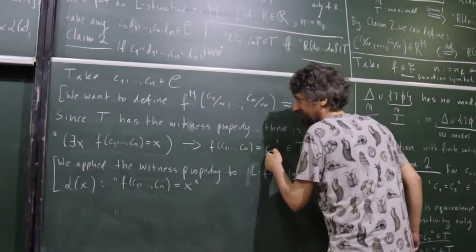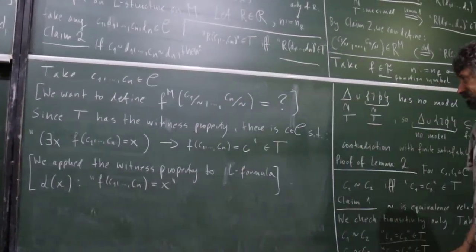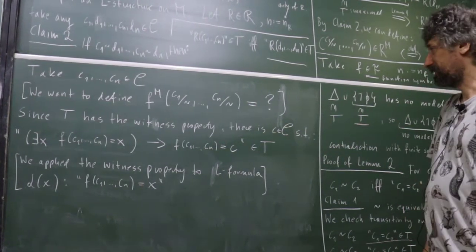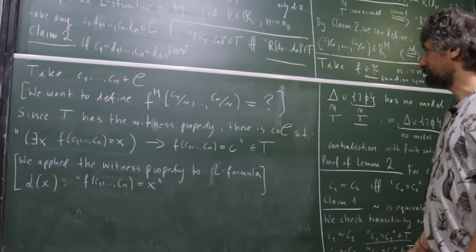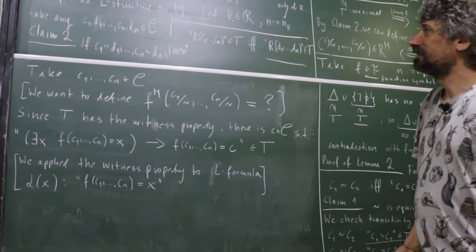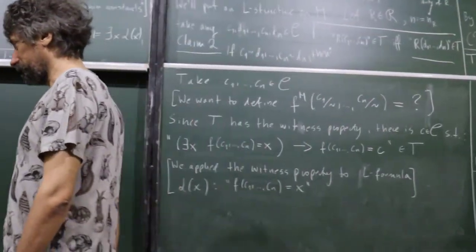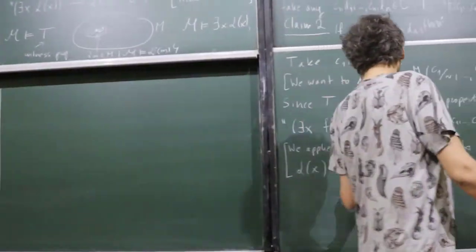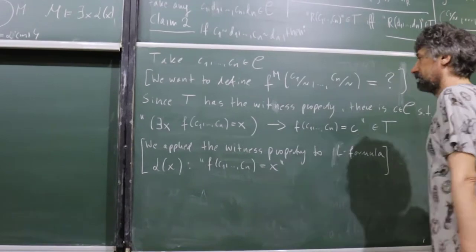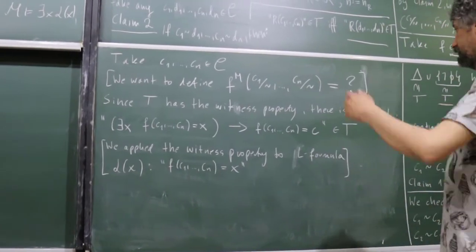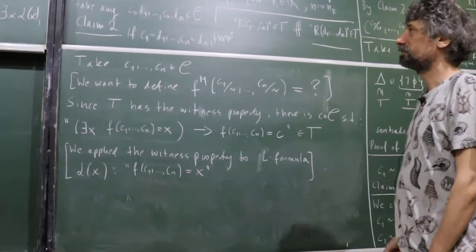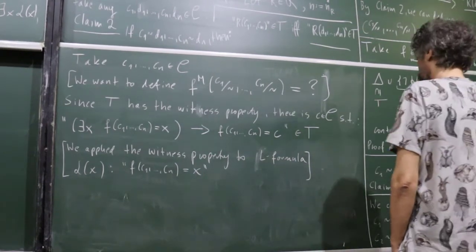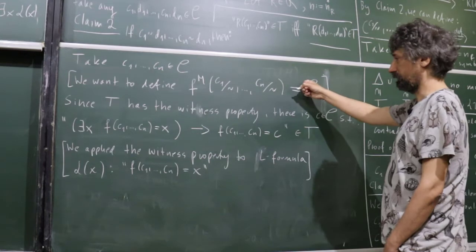And formally, there is this witness. It had this abstract witness property, we assumed so, and we apply it to such a formula. So by this, we get this C such that such a thing happens. Of course, the value should be the equivalence class of C.